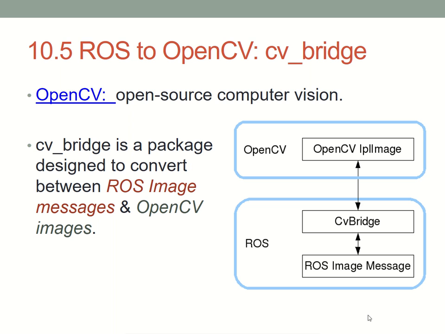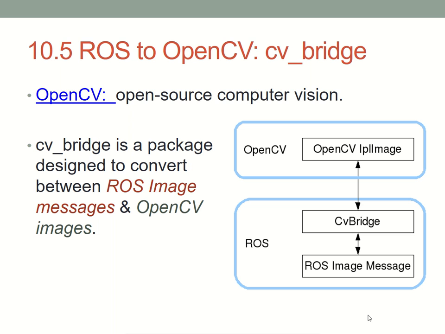Sensor messages image, right? Internally, when you go into the C++ code or the Python code, we use ROS messages to publish and to subscribe to images, right? And so we use sensor messages image. So we use the ROS image message.